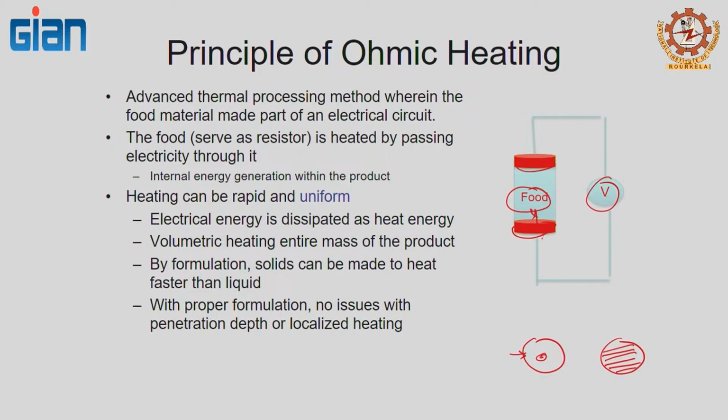Now, the property that allows the material to heat is called electrical conductivity. By adjusting the electrical conductivity of the liquid and solid, you can make the liquid heat faster or the solid heat faster. So you can adjust different things, and with proper formulations, you probably don't have issues with non-uniform heating.